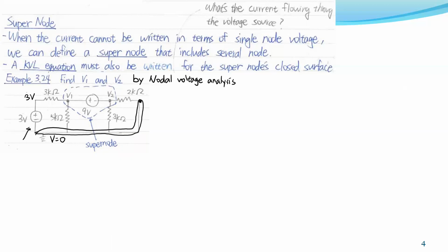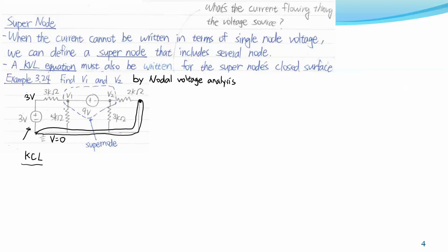Okay, how about we don't use a supernode, and let's see what happens. We use KCL, because for nodal voltage analysis we need to use KCL. KCL tells us the summation of the current flowing into a node is 0.